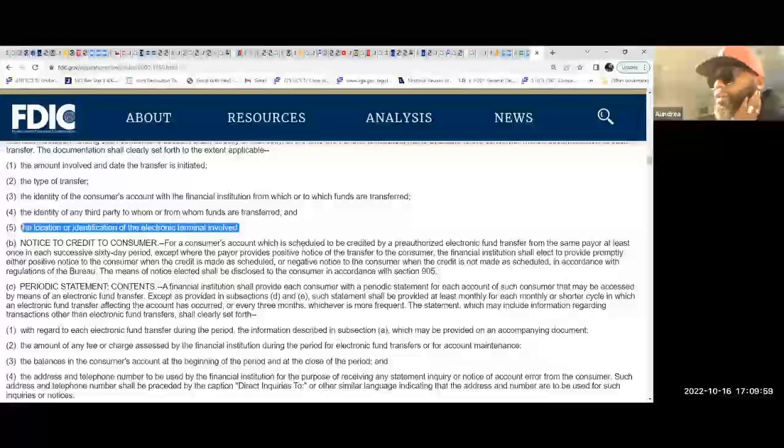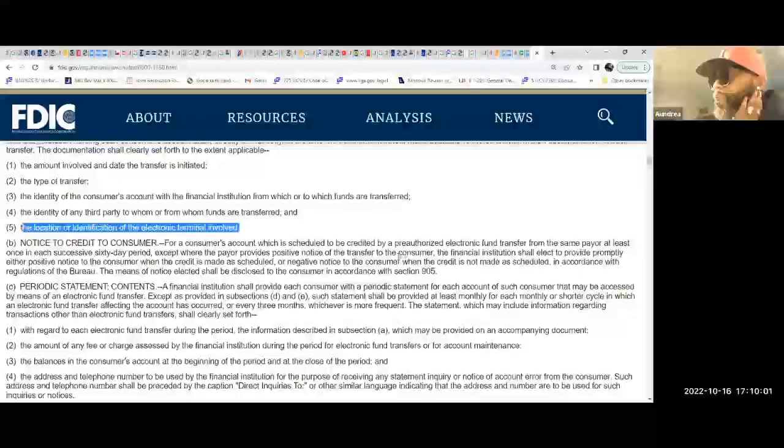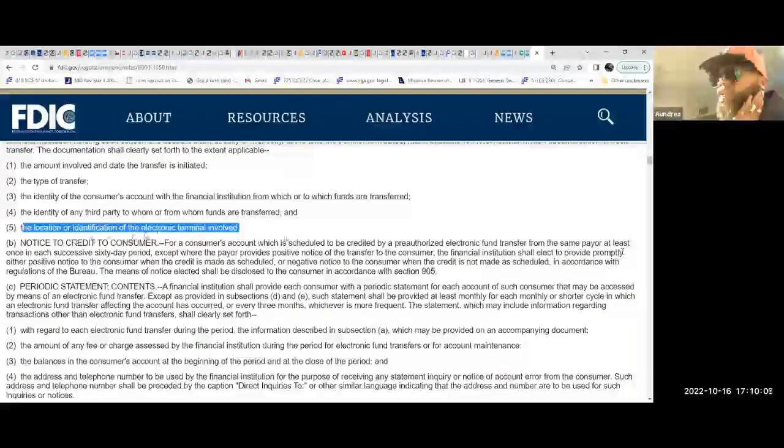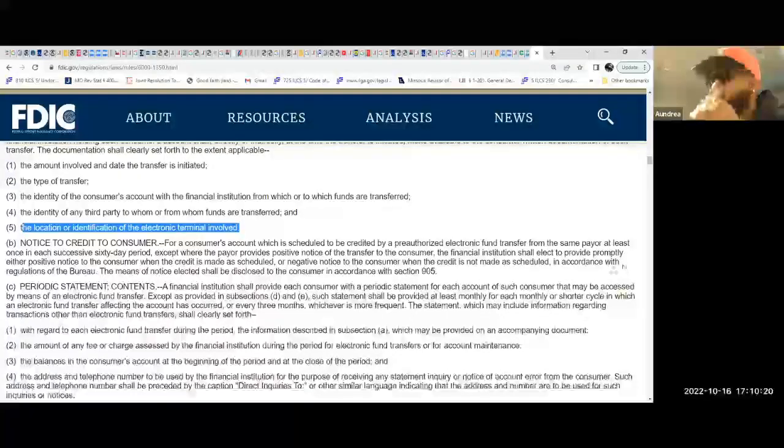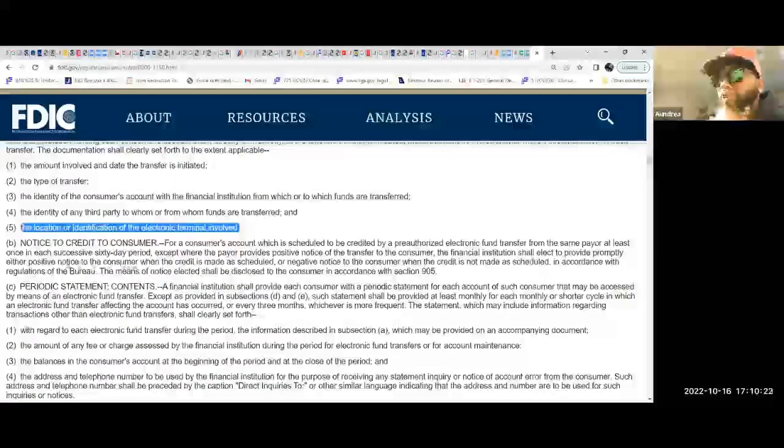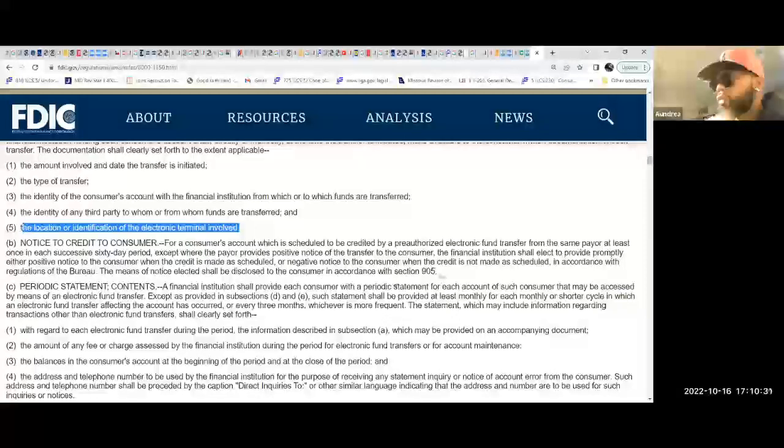For a consumer account which is scheduled to be credited by a pre-authorized electronic funds transfer from the same payer at least once in a successive 60-day period, except where the payer provides positive notice of transfer to the consumer, the financial institution shall elect to provide promptly either positive notice to the consumer when the credit is made as scheduled, or negative notice to the consumer when the credit is not made as scheduled, in accordance with the regulations of the Bureau.